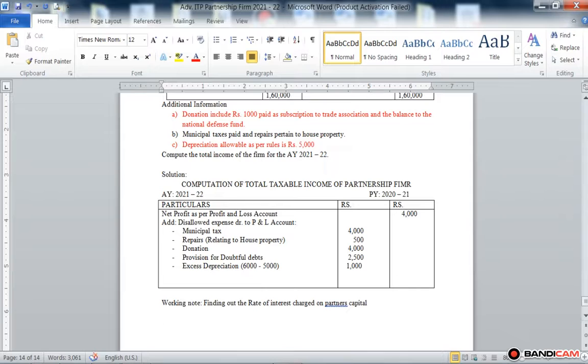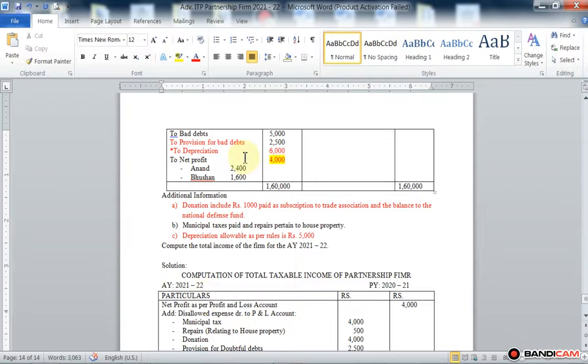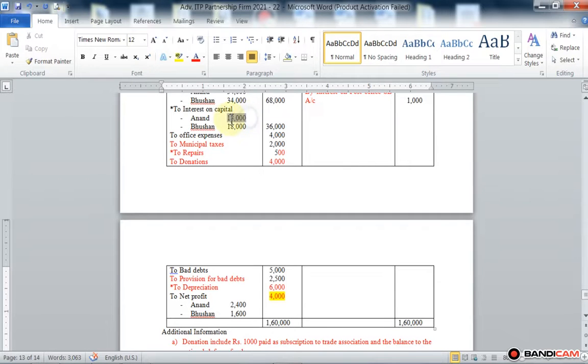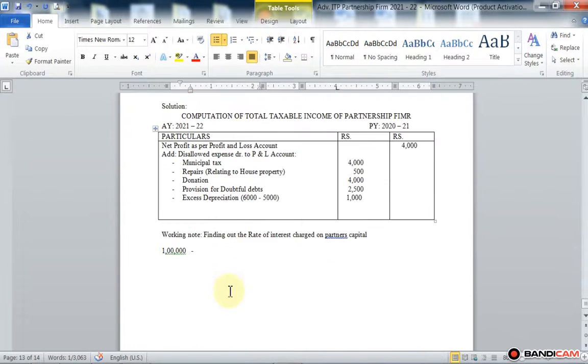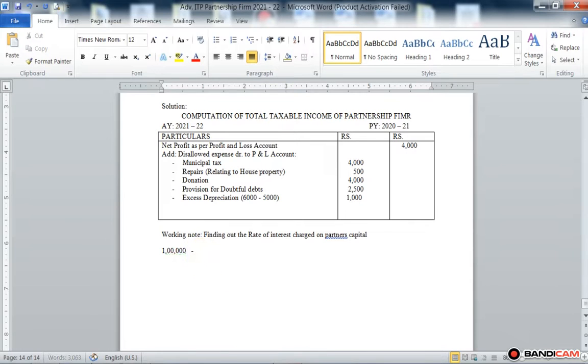So here the capital of each partner is given, that is on 1st April 2020 the partners' capital account shows a credit balance of rupees 1 lakh. So 1 lakh rupees, and the amount of interest charged is given here, that is 18,000. So 1 lakh is equal to 18,000.